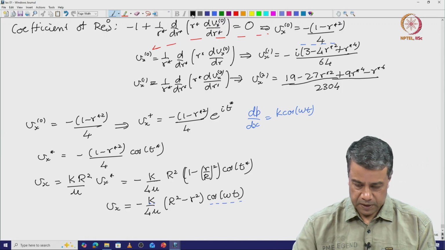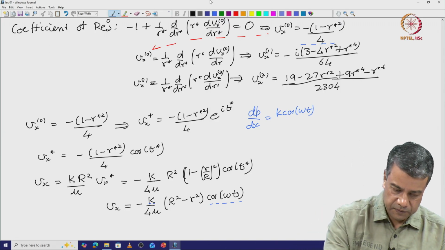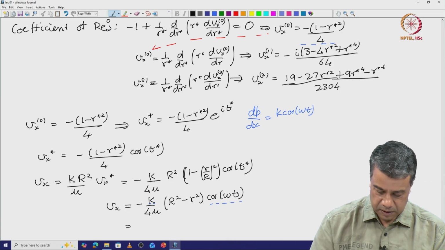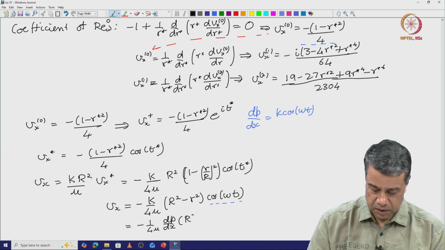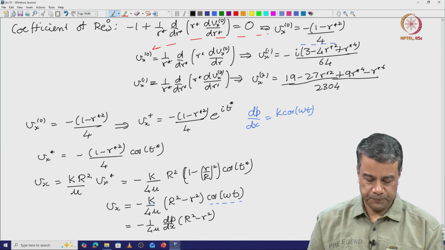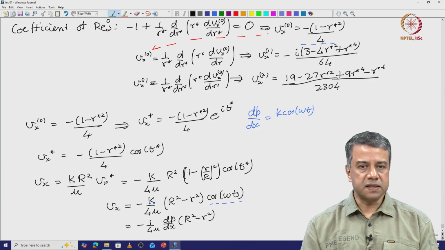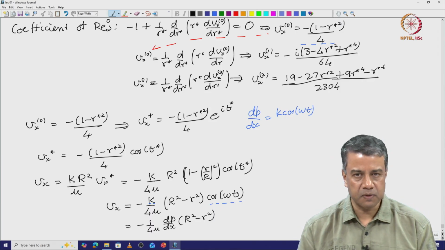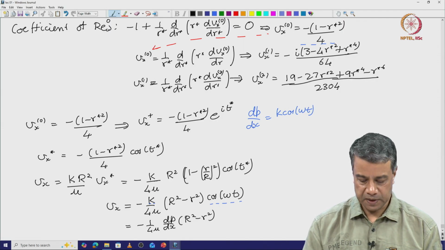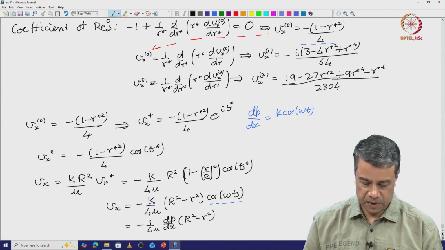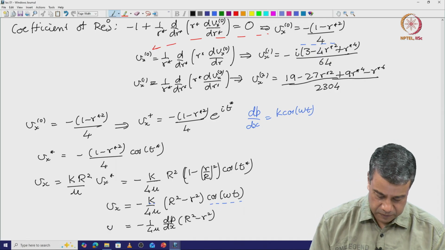Then I get the velocity profile as minus 1 by 4 mu dp by dx into (R square minus r square). This is the same as the parabolic velocity profile in a pipe for a steady flow.